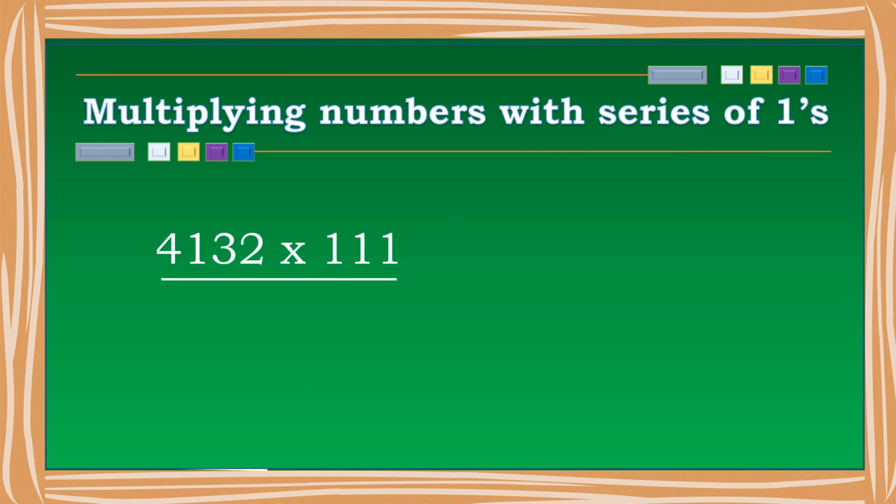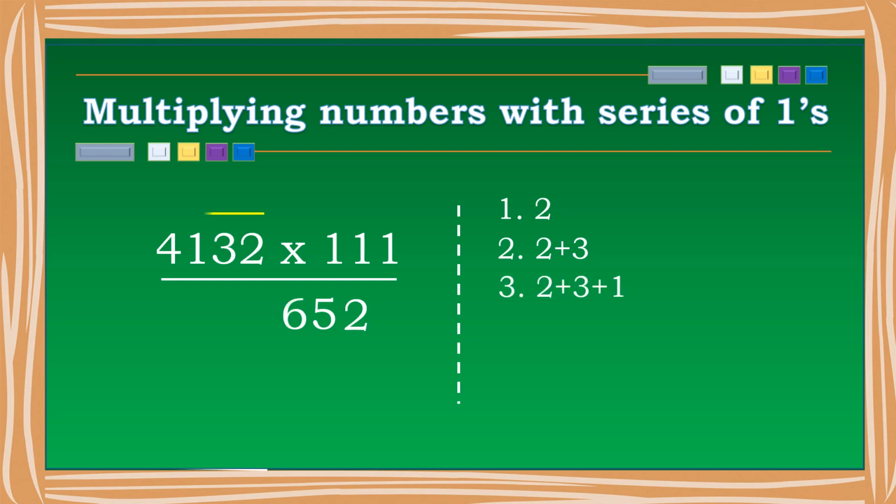4132 multiplied by 111. The rightmost digit, or the digit in the ones place, will be written as it is, that is 2. That's our step 1. Step 2, ones place plus tens place will be added. 2 plus 3, 5. Step 3, 2 plus 3 plus 1. Answer is 6.